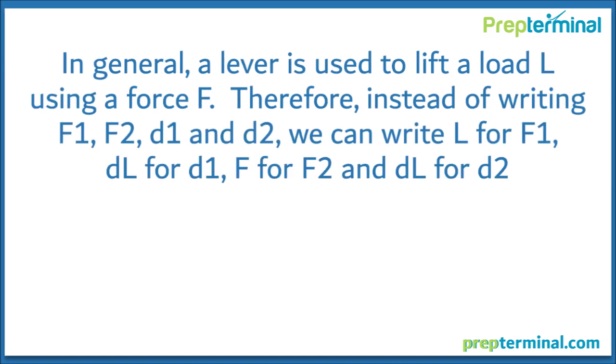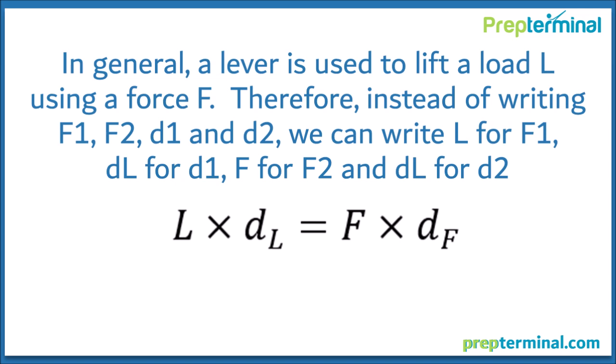In general, a lever is used to lift a load L using a force F. Therefore, instead of writing F1, F2, D1, and D2, we can write L for F1, DL for D1, F for F2, and DF for D2. Hence, the equation of levers becomes L times DL equals F times DF.